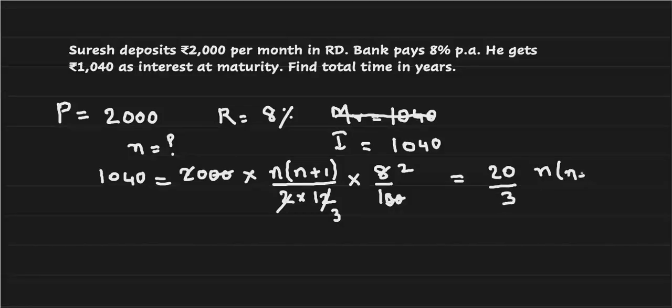This is something which is remaining here. So 3 and 20 go there and get multiplied by 1040.